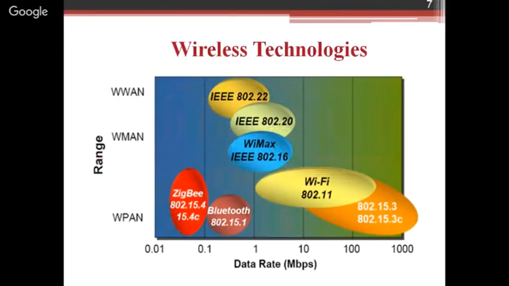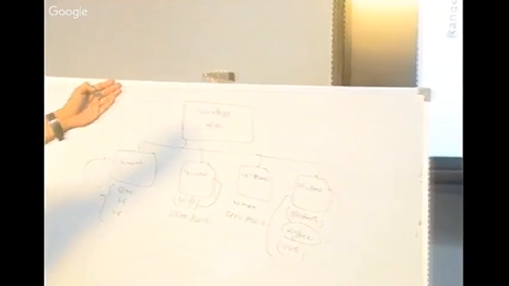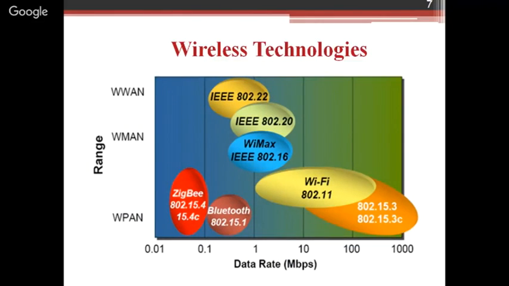As you see, on the x-axis we have the data rate, and on the y-axis we have the range. On the basis of that, the division has been done, and you see Zigbee and Bluetooth. That is the place where I'm putting my wireless sensor network nodes, with low range and low data rate.